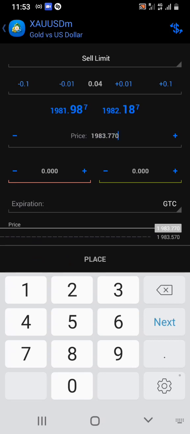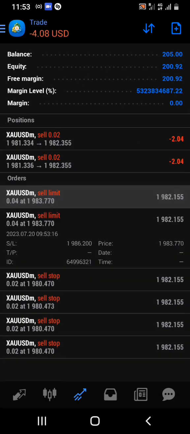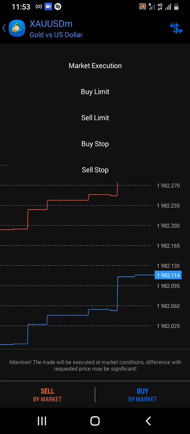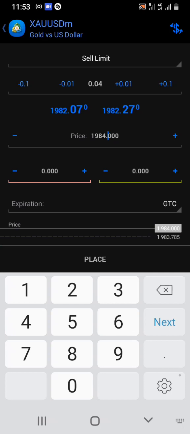Then I would be already in good profits, and the opening of the new trade would not really affect my current balance or equity. Okay, keep that in mind. It's a trick, it's a strategy, so you have to focus and follow.